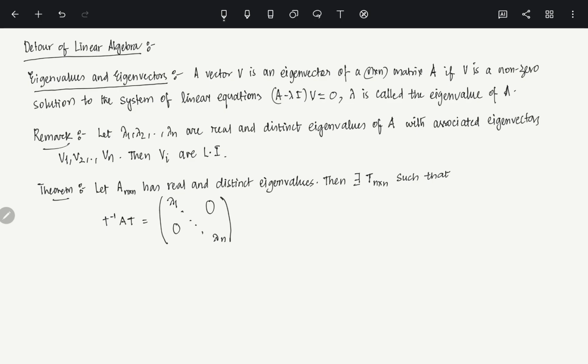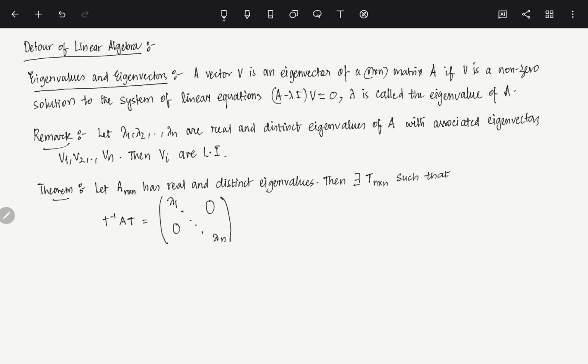Okay. So very simple. Now, if you are in this situation, why is this important? Because if we have to calculate the exponential of T inverse A T, it will be nothing but T inverse times exponential of A times T, right?